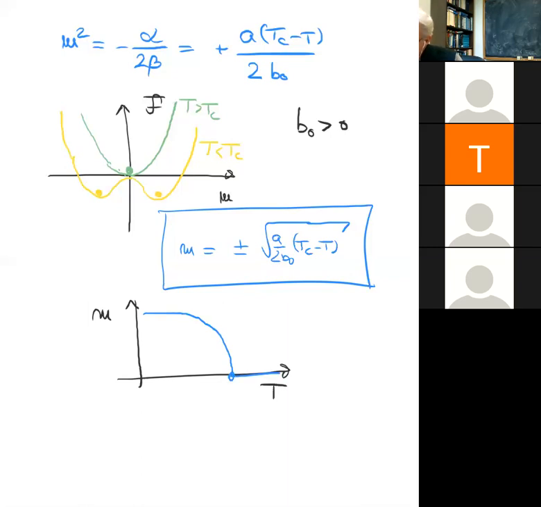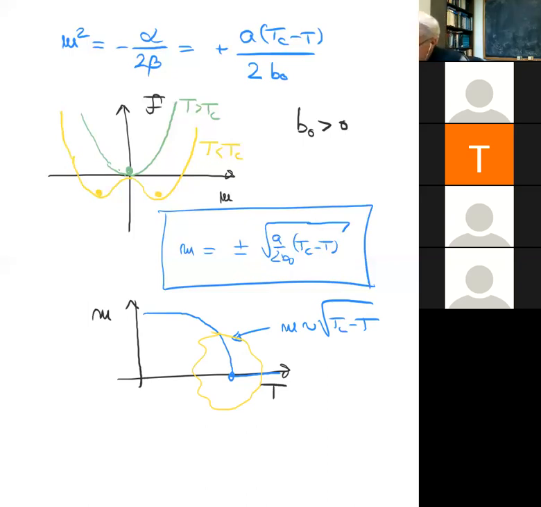Okay, so this behavior here is that the magnetization goes as the square root of Tc minus T. Where strictly speaking, we should keep in mind that this whole theory was constructed to be valid near the phase transition. So what the theory really predicts is that somehow, if you stay sufficiently close to the phase transition, you should get this kind of square root behavior. Okay, that's what the theory predicts.